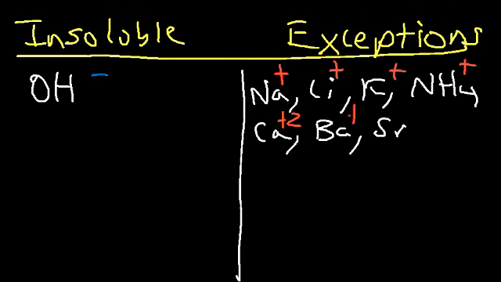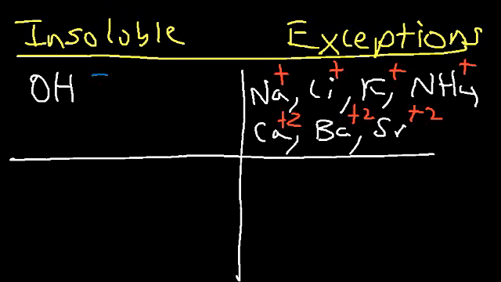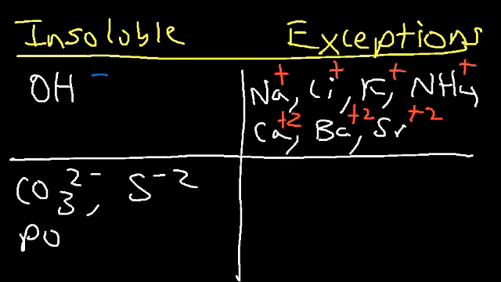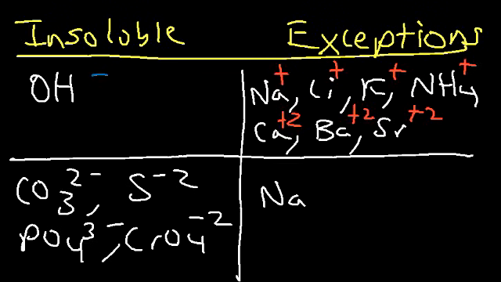Magnesium hydroxide is insoluble, but calcium hydroxide, it's somewhat soluble, and strontium and barium hydroxide are soluble. Now, the other ones that are insoluble are the carbonates, sulfide, phosphate, and chromate. The exception to this is the alkaline metals, the group 1 metals, or the group 1 metal cations. Sodium, lithium, potassium, and any other element that's in that column.